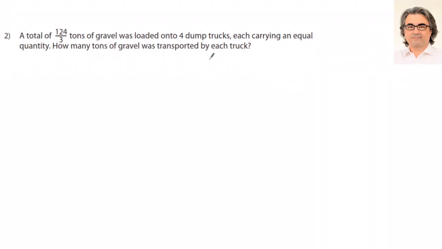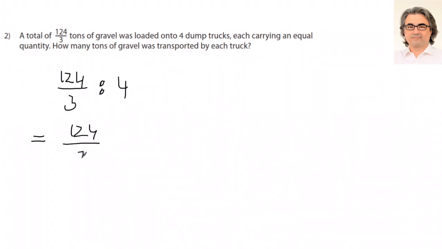How can I share this total number of tons of gravel into 4 trucks equally? Let's divide 124 over 3 with 4. I'll find the tons of gravel transported by each truck. Now let's continue with this division operation. The final result will be the answer of this question.